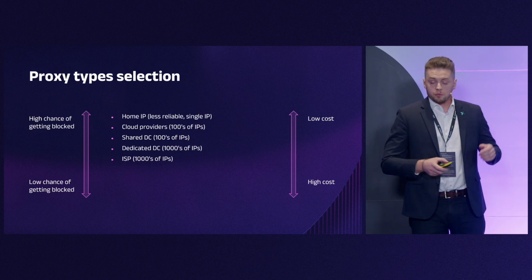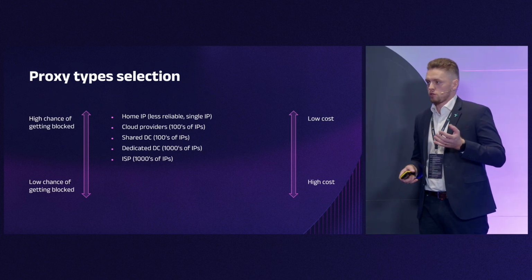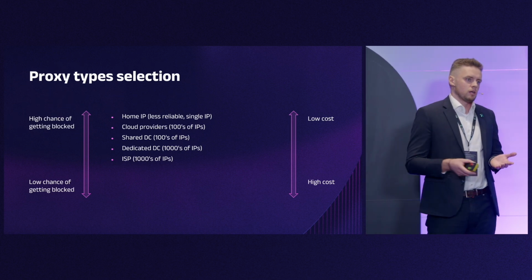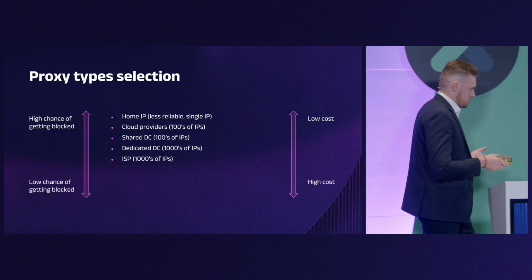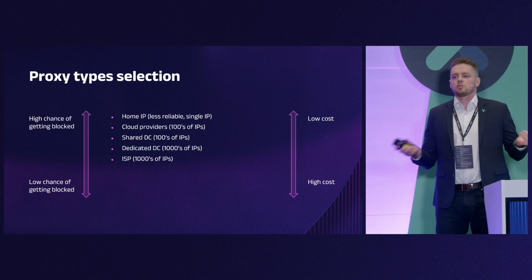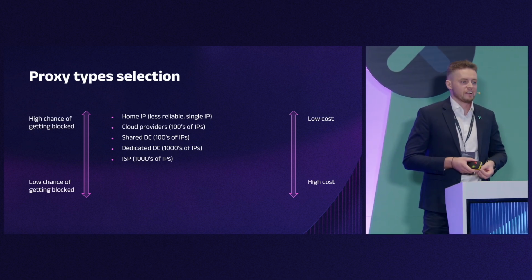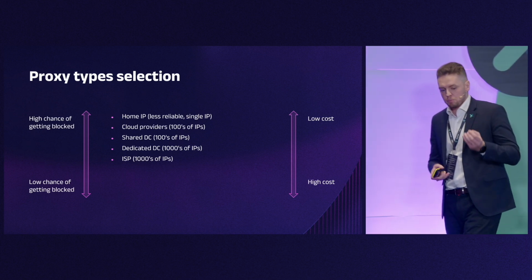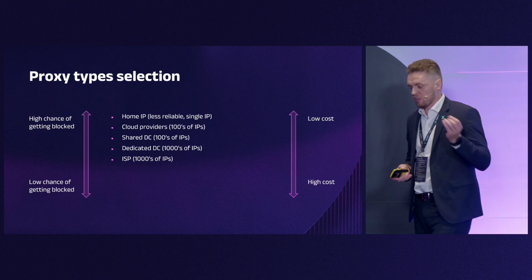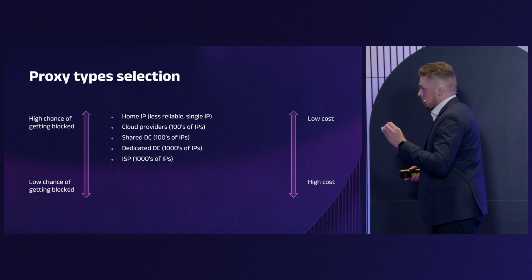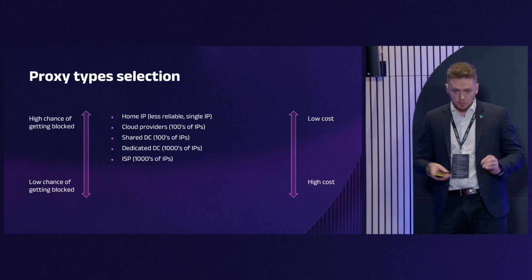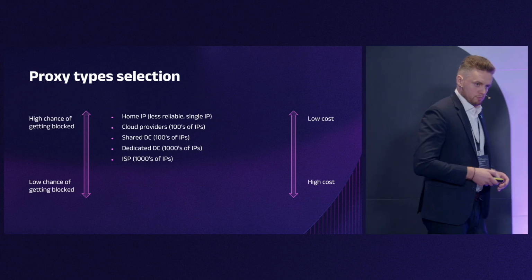However, we may find ourselves in a situation where most of the hardest targets nowadays simply block DC proxies. So you need a different type of DC proxies. It's ISP proxies, which are more expensive, but again we're talking about hundreds or maybe thousands of IPs, which in most cases helps to work around the previous issue.